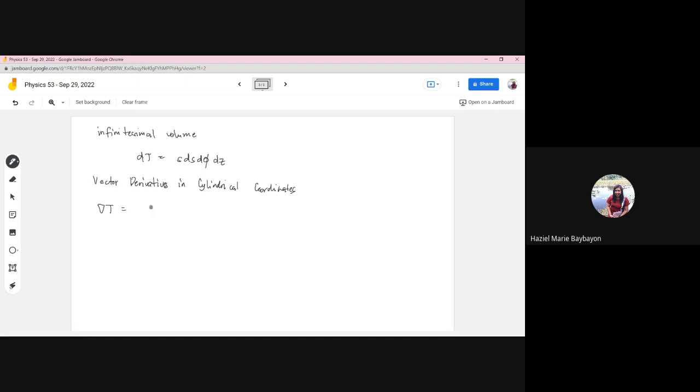You have the partial derivative of T with respect to s, s hat, plus 1 over s multiplied by the partial derivative of T with respect to phi, phi hat, plus the partial derivative of T with respect to z, z hat. So this is our gradient in cylindrical coordinates.